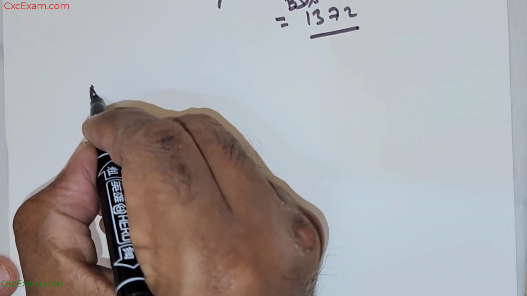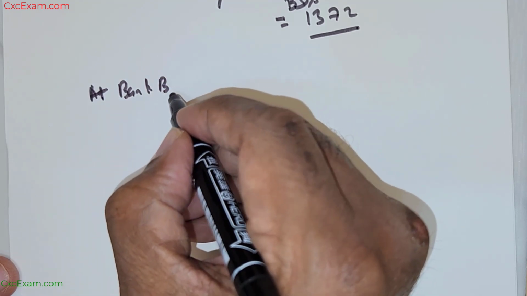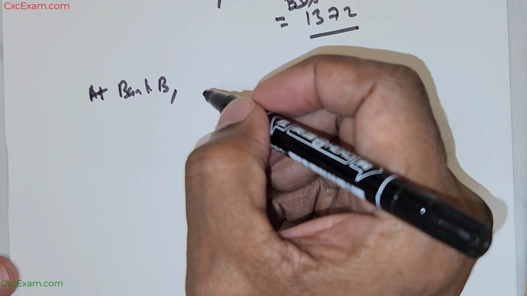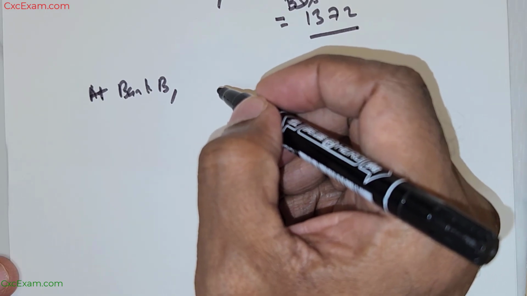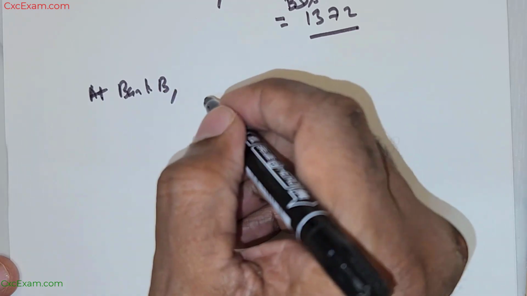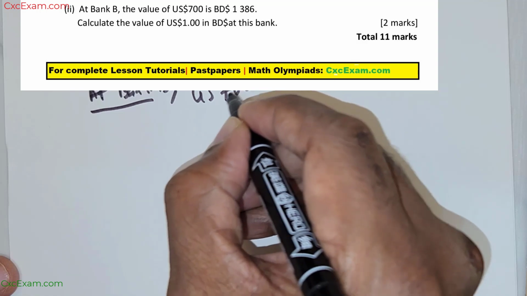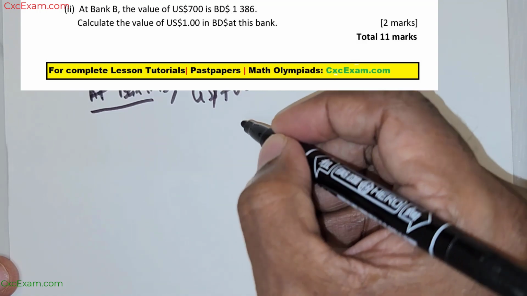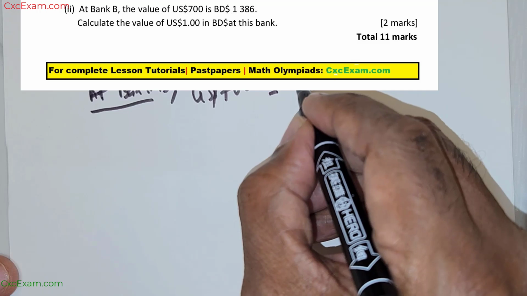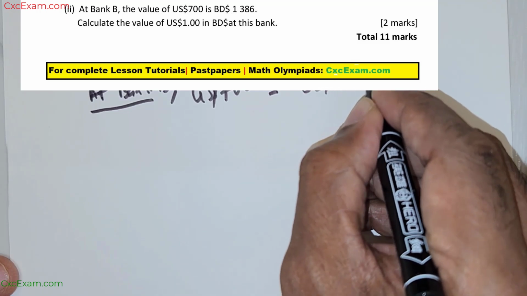Now it states that at bank B, the following statement is given here. At bank B, US $700 is given to be as BD dollar 1386.